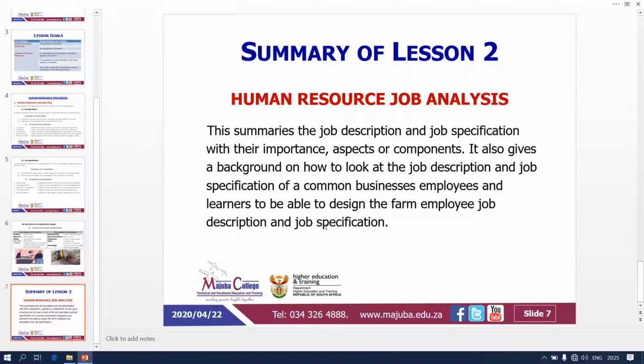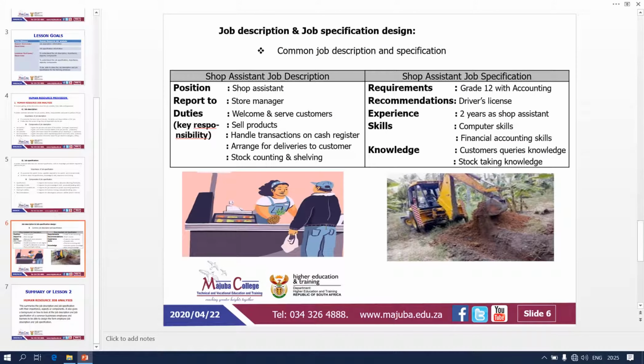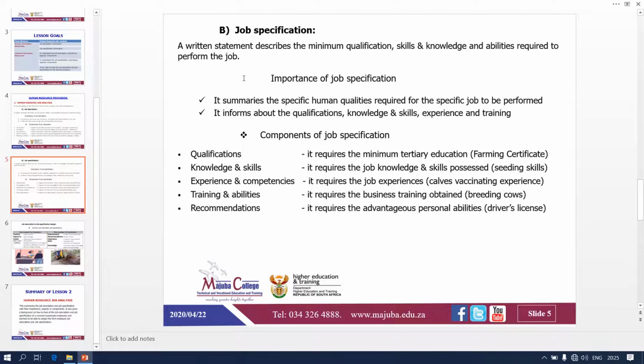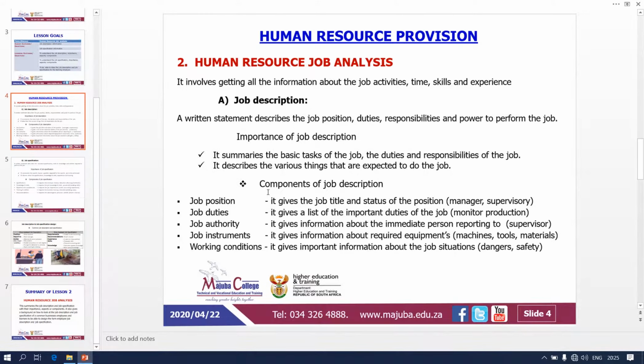Okay, let's refresh. We saw the job description and job specification for a common business, and then you need to think about this. We also looked at what a job specification is, the importance of job specification, and the components or aspects that must be included.